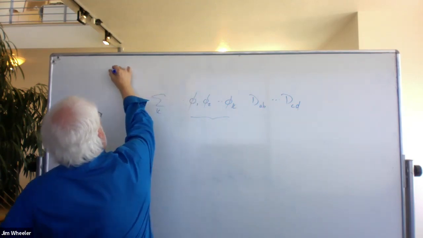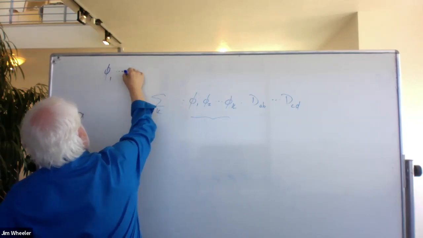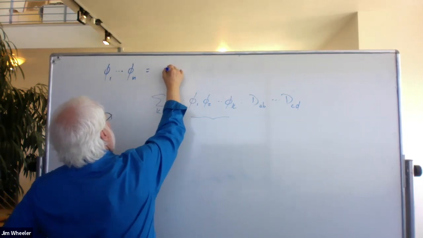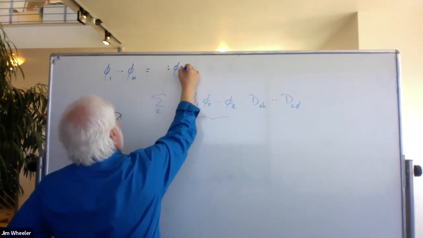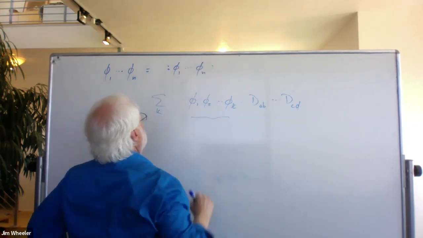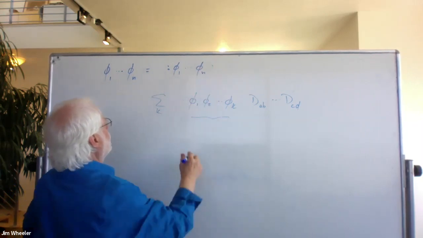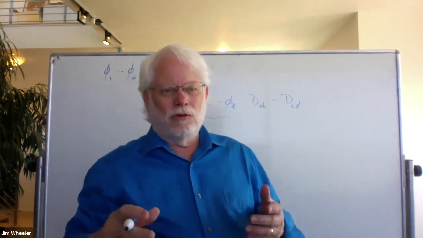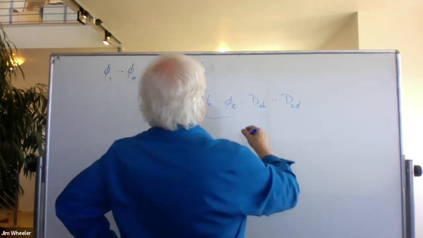So if you're starting with φ_1 through φ_n here, then you're going to have a term where they're all normal ordered, because after all, that's the goal. So they're completely normal ordered. Then there are going to be some terms that get normal ordered but have 1 D left.